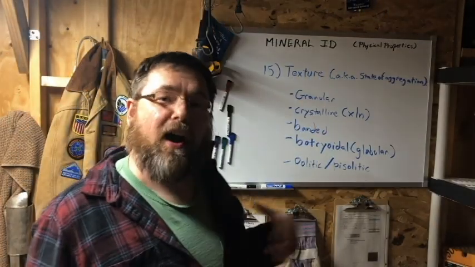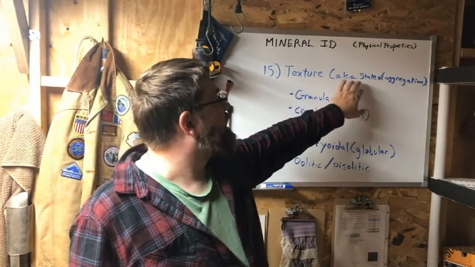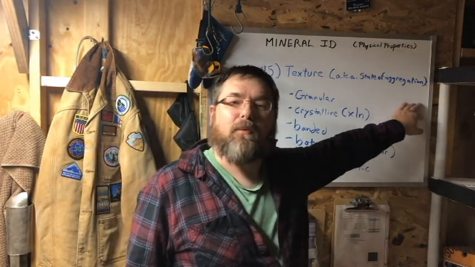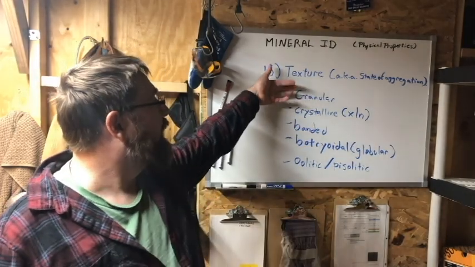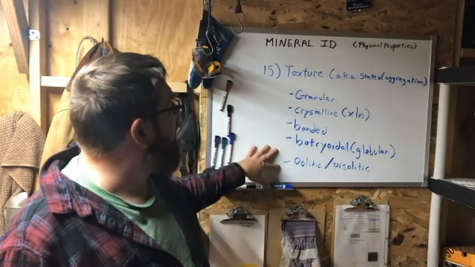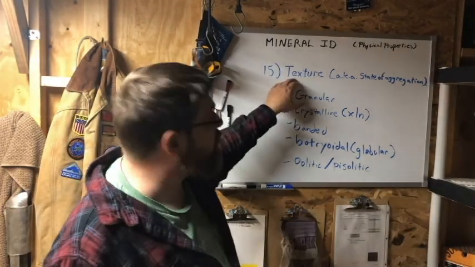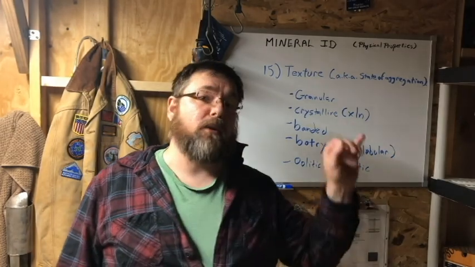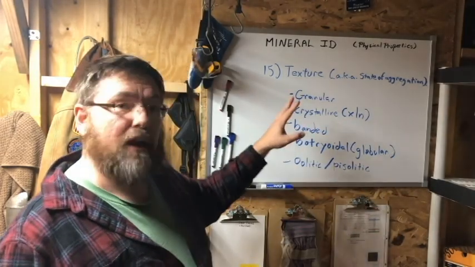The 15th and final thing we are going to talk about is texture, also known as state of aggregation. I've seen that written before, but you can just use the word texture. If you're writing notes in the field, you're going to write this, not this, all right? And these are 5 basic types of textures. When describing a mineral, we also use texture for rocks, just like we will fracture and cleavage, but those are talks for other times.